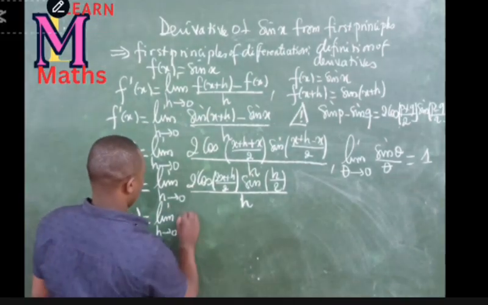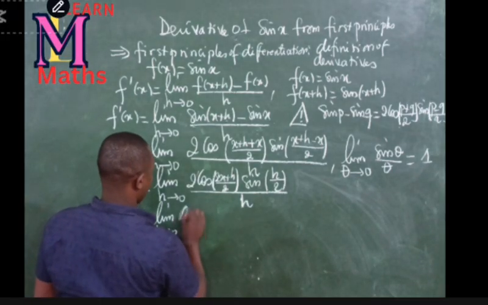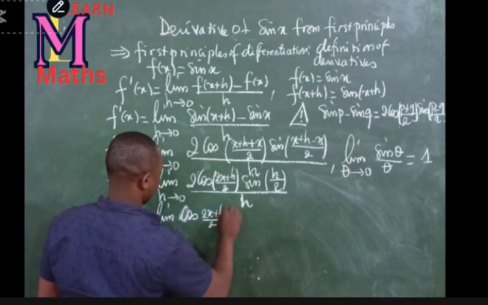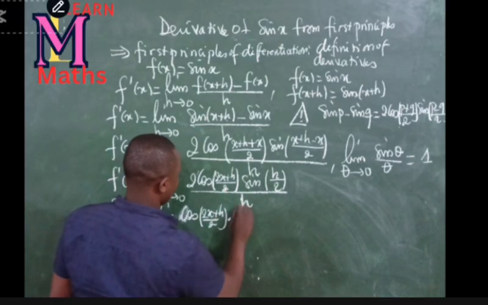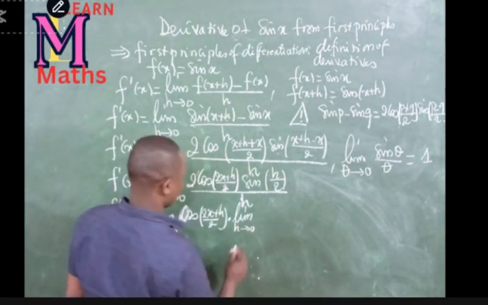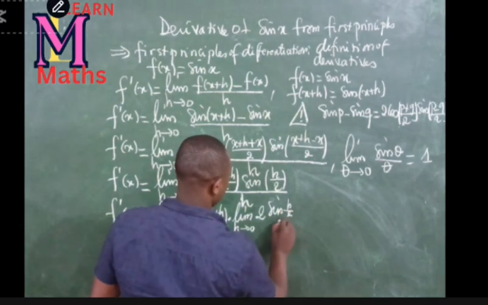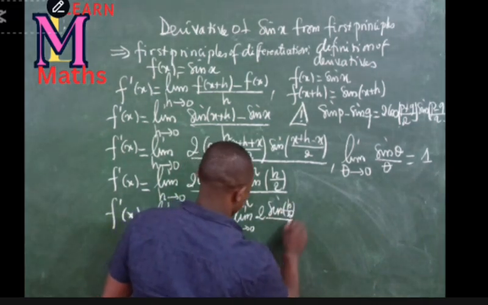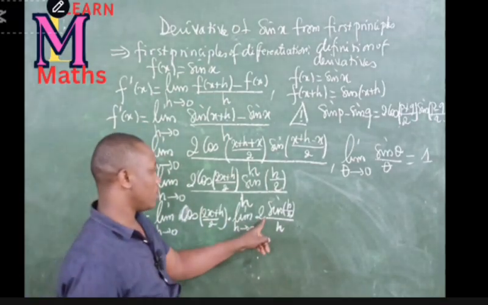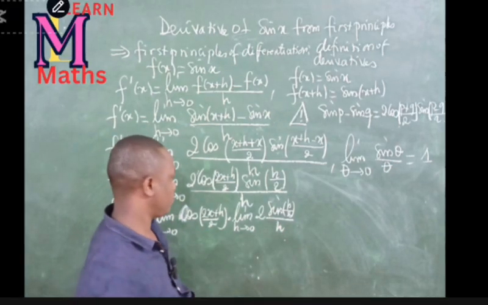Here I can write 2 times cosine of 2x plus h over 2, times the limit as h approaches 0 of sine h over 2 by h. We have got these two here by multiplying by the reciprocal of h over 2.